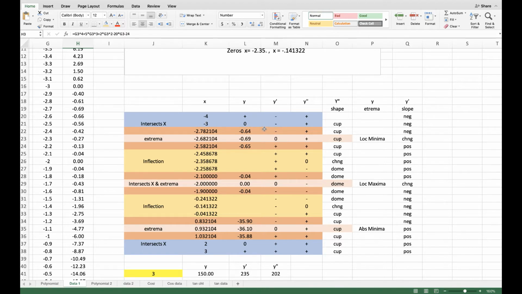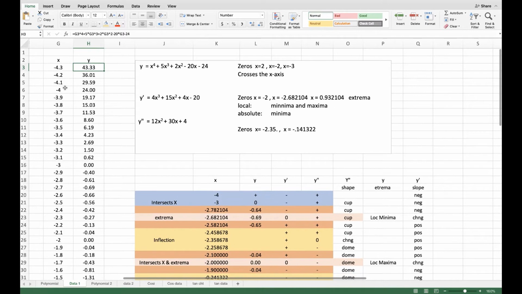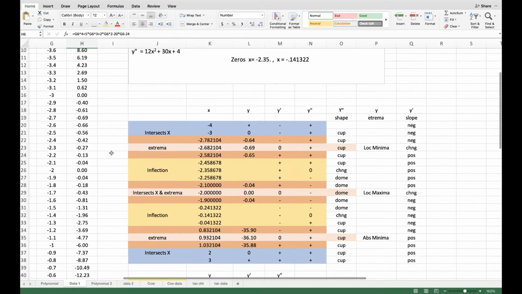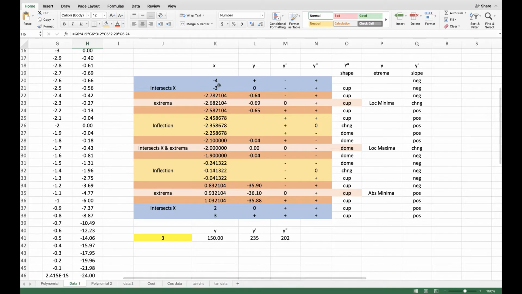Okay, so at x, and these are x values, at x equals -4, the y is going to be a positive value, and in fact, you could see here it's 24. So when x is -4, the function is positive 24.